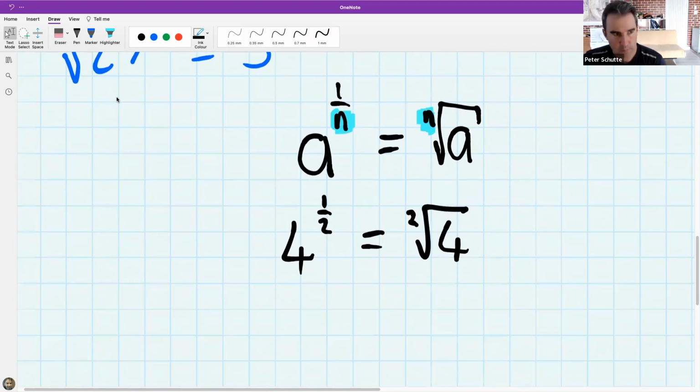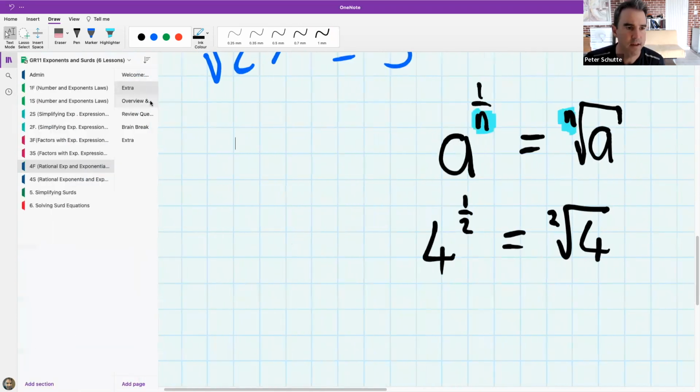Okay, so what we've looked at so far is if we have fractions as powers, that's not a problem. We treat them a lot like we do normal numbers. And every now and again, we have to either break down the bases into their prime factors or change them into the root form. That's basically what we've done so far.